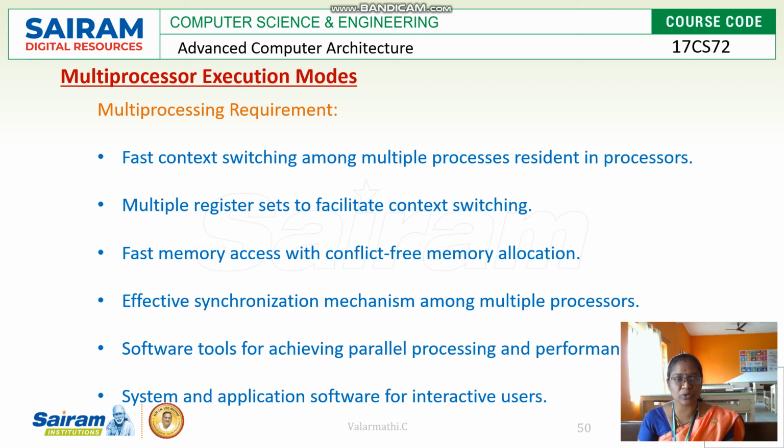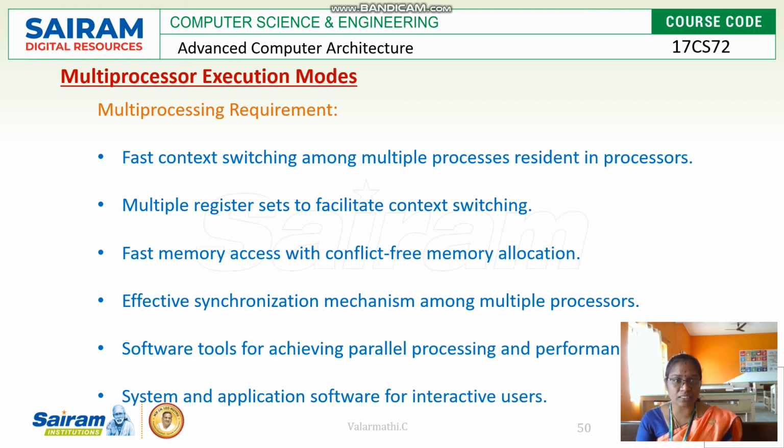The first one is that whenever we go for the multiprocessor execution mode, context switching is the first and foremost technology which is very important, and it should be fast enough to achieve the execution of multiple processes. So the first point is fast context switching among multiple processes resident in a processor, and multiple register sets to facilitate the context switching. In order to achieve context switching, we need enough register sets.